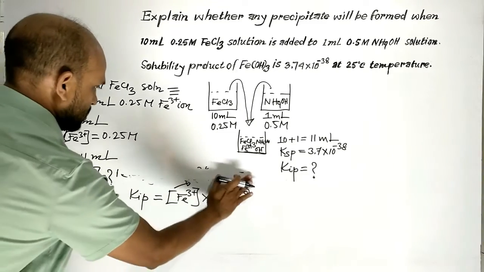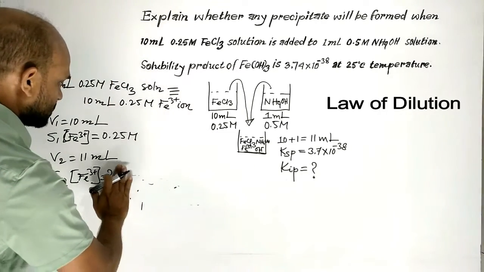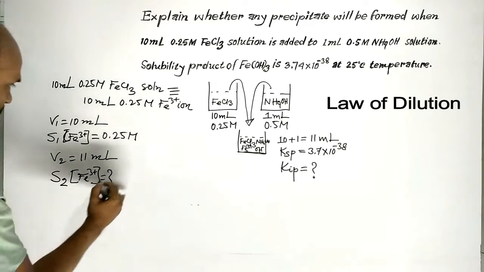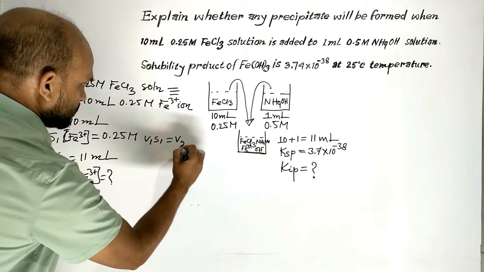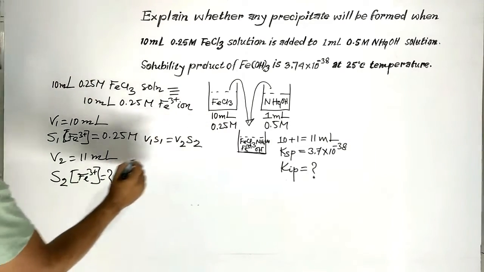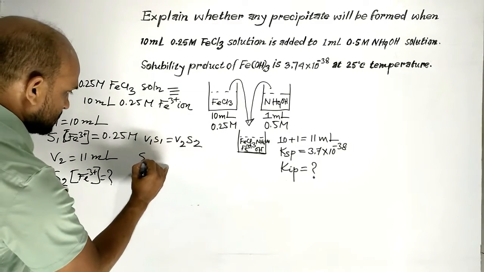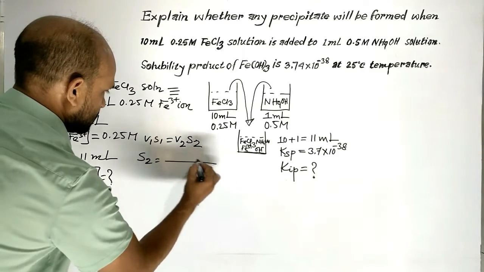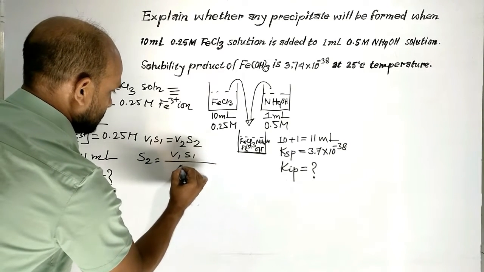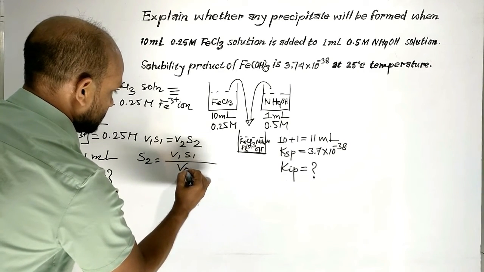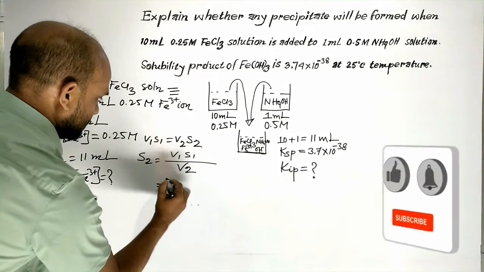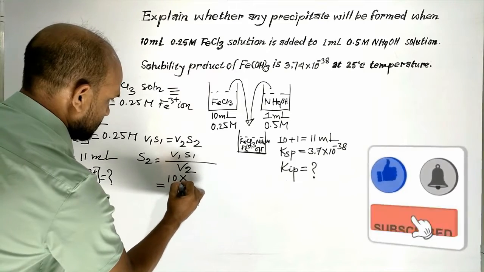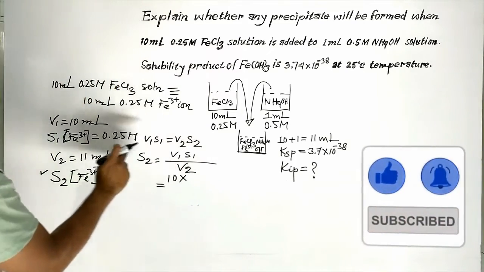From the law of mass action we can write V1S1 is equal to V2S2. Then let us find S2. S2 equals V1S1 divided by V2. This is equal to V1, 10, times S1.